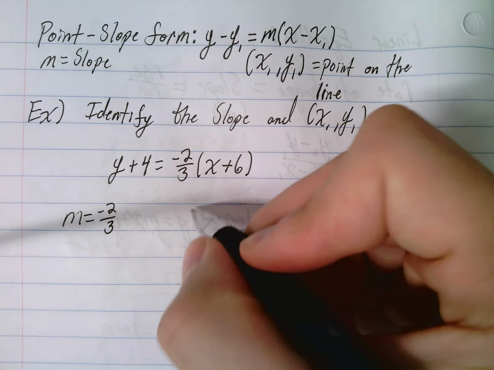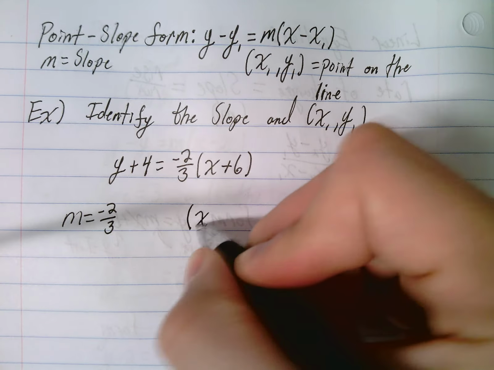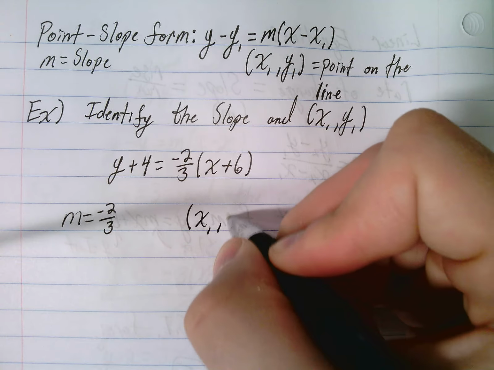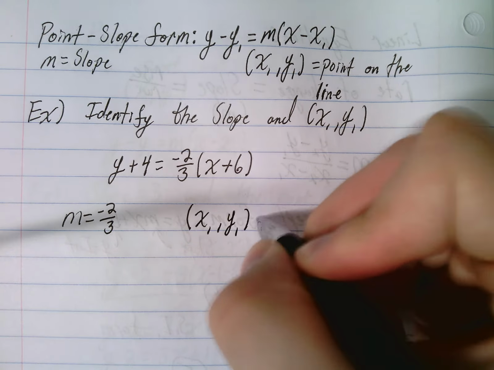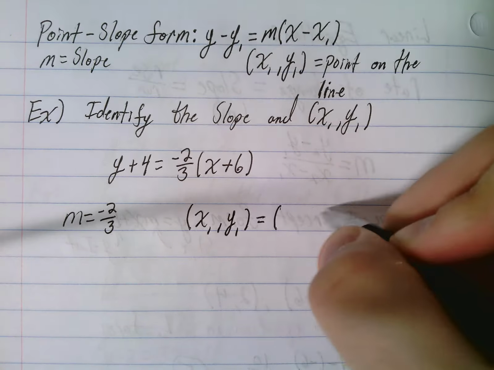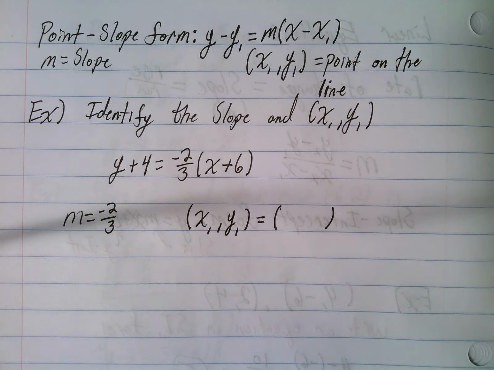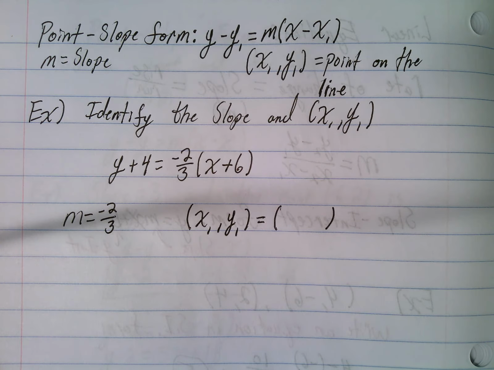What is my x1 and y1? Very close. What's missing here?